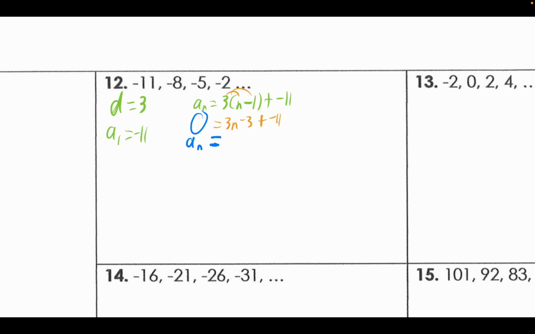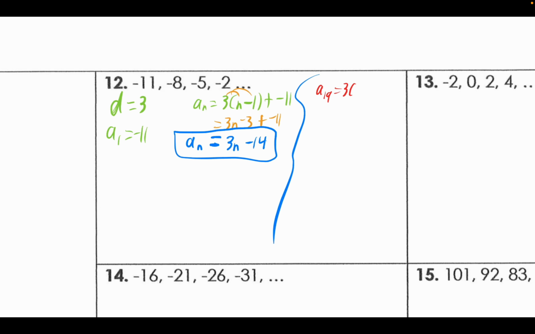Or you can write it and it's fine either way. And we get 3n minus 14 as our rule. Now we use that rule, and we end up having a sub 19 equals 3 times 19 minus 14. And this ends up giving us the 19th term to be 43.